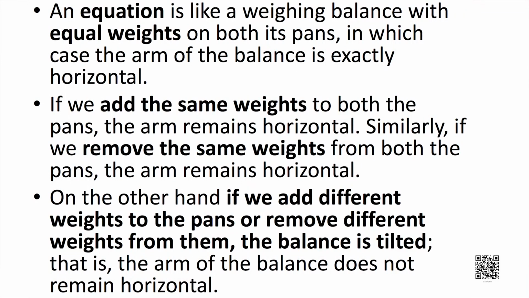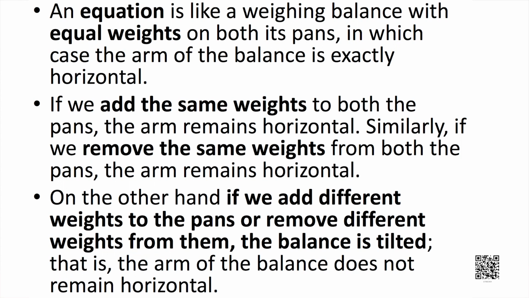An equation is like a weighing balance with equal weights on both its pans, in which case the arm of the balance is exactly horizontal. If we add the same weights to both the pans, the arm remains horizontal. Similarly, if we remove the same weights from both the pans, the arm remains horizontal.